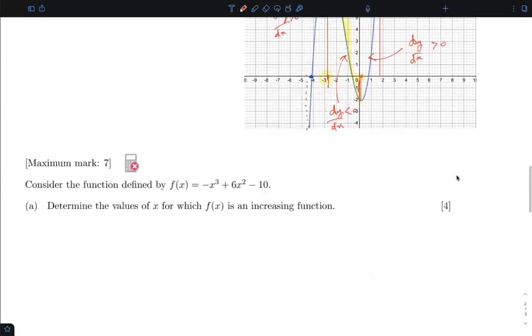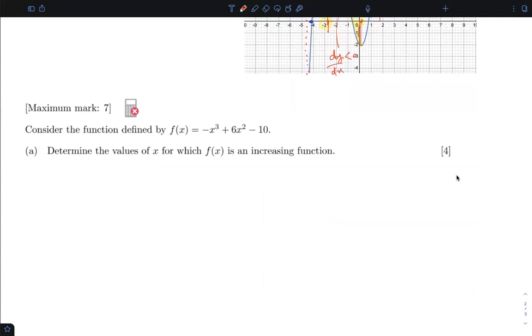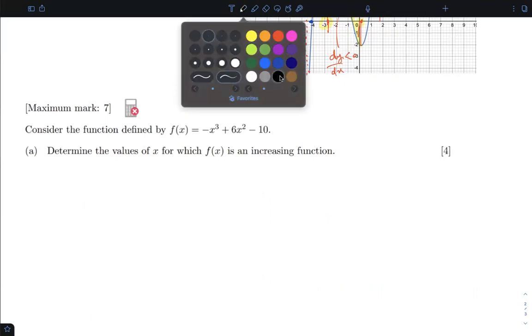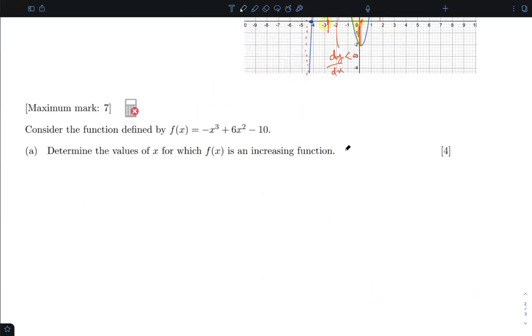Let us apply this in a question here. I have a function f(x) = -x^3 + 6x^2 - 10. Determine the values of x for which f(x) is an increasing function. If f(x) is an increasing function, that means its derivative in that interval is going to be positive. dy dx will be positive.